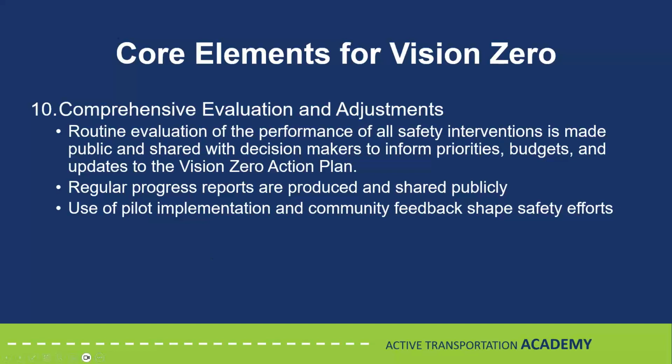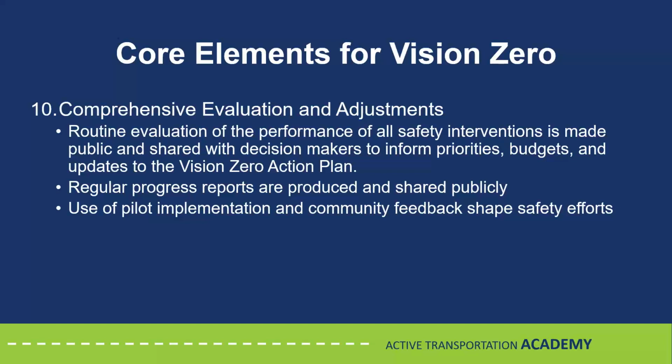And the 10th core element is about comprehensive evaluation and adjustments. This means that routine evaluation of the performance of all safety information is made public and shared with decision makers to inform priorities, budgets, and updates to your Vision Zero action plan.